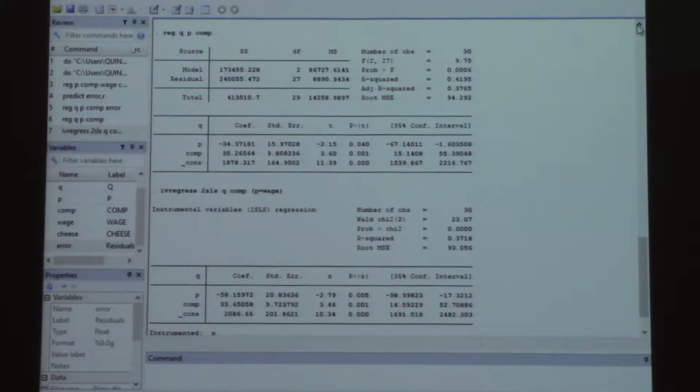It's literally doing what we drew up here. By using our instrument, it's shifting the supply curve so that we get this demand curve instead of that demand curve or some other demand curve.